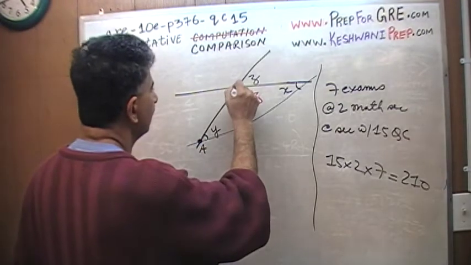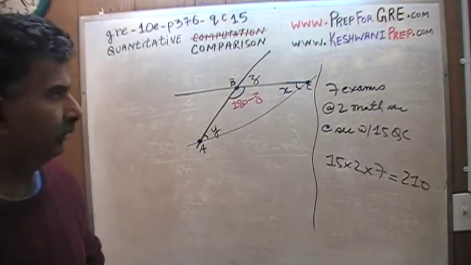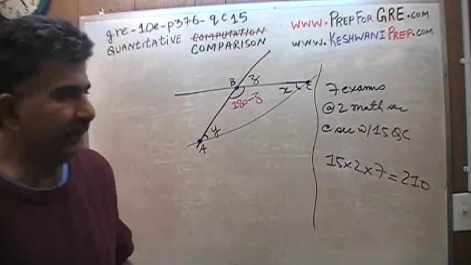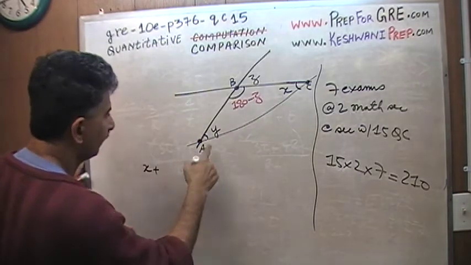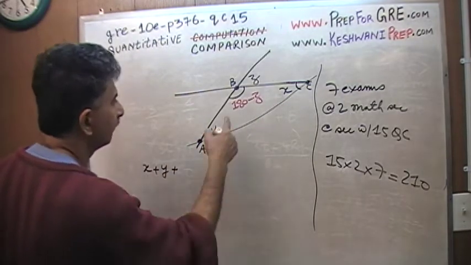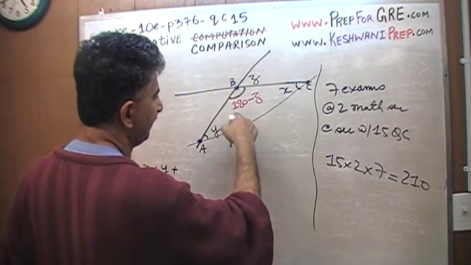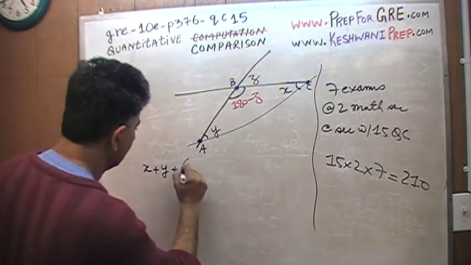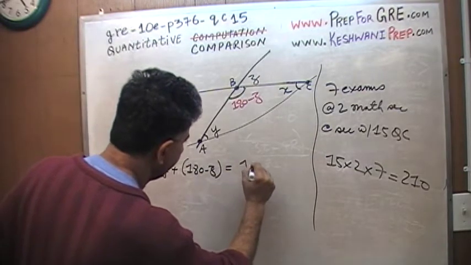Again, we all know that the sum of the angles in a triangle is 180. So X plus Y plus this angle, which we just found out is 180 minus Z, because this is Z, equals 180.